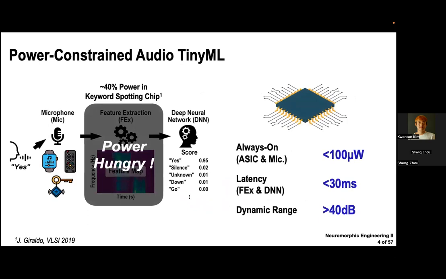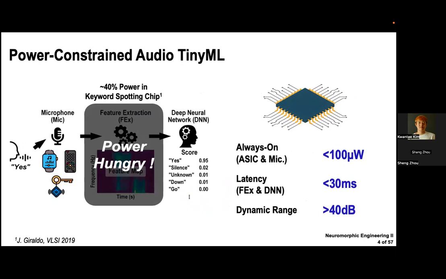So among the several stages of audio processing, for example, in a keyword spotting chip, around 40%, actually almost half of the power consumption is solely allocated to the feature extractor, extracting the features.